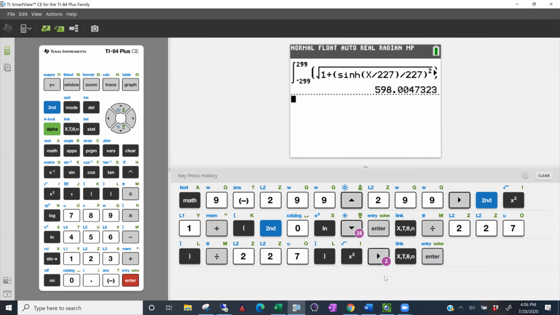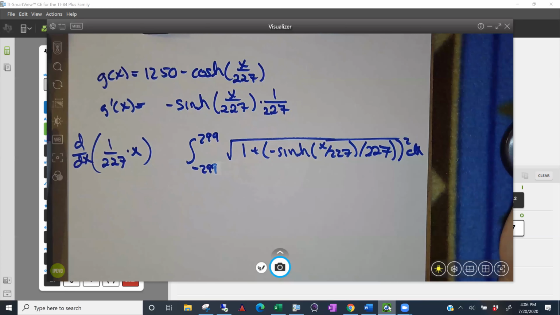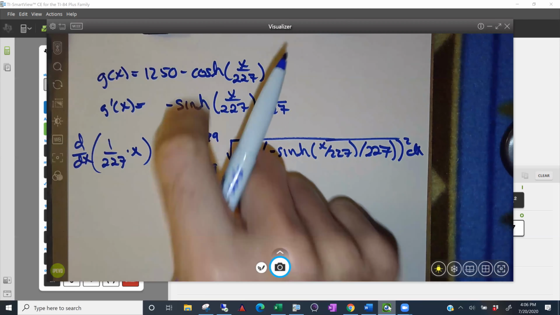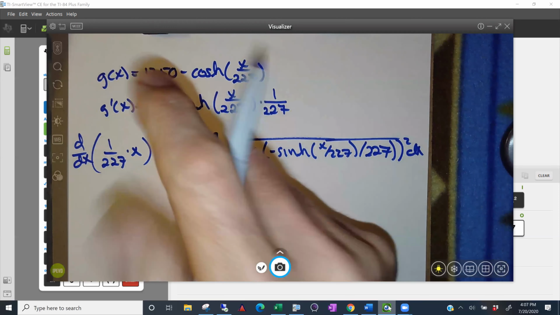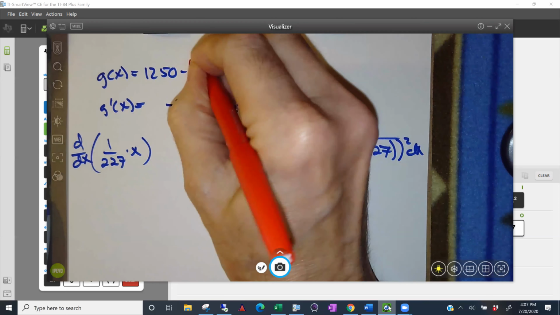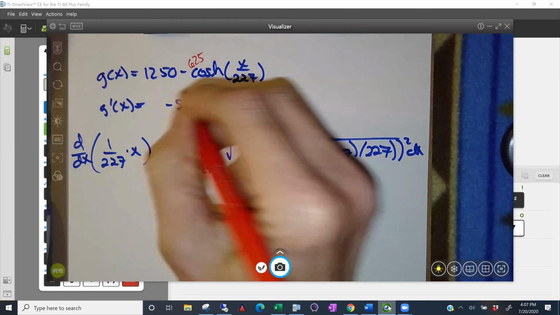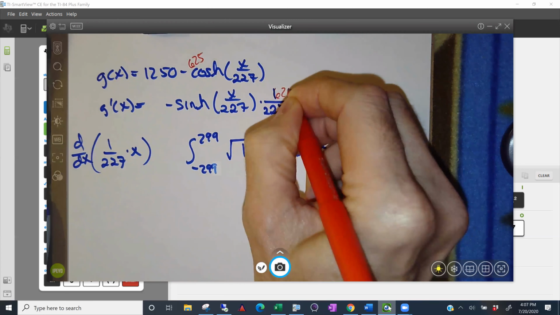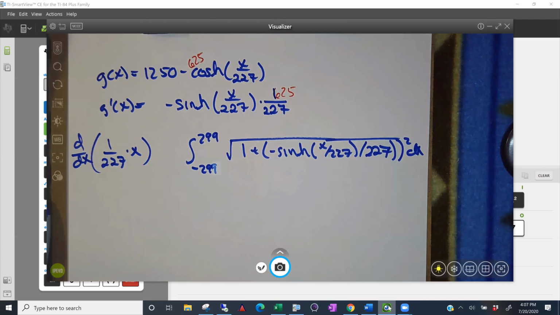When I wrote down the function here, it should be this. There should be a 625 here. Now put a 625 there. So, okay. But the big thing that I wanted you to get was where to find the hyperbolic sine.